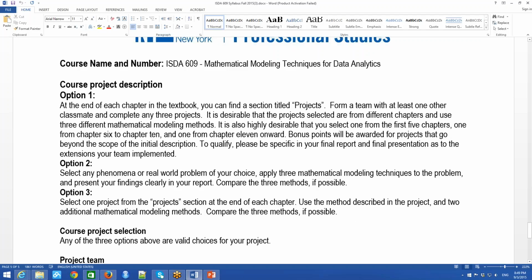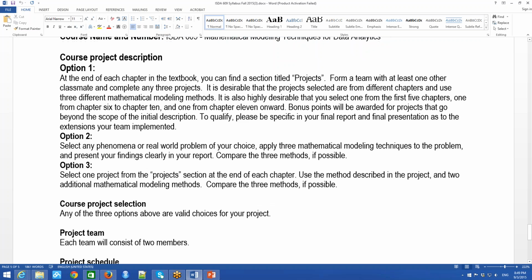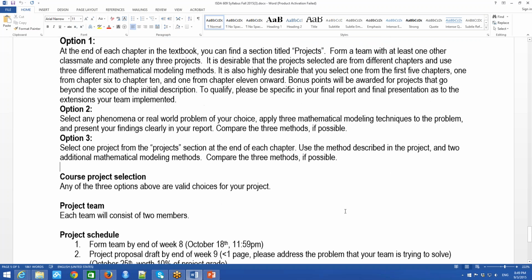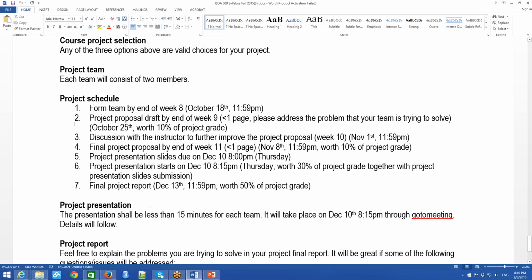Okay, and any one of the 3 options would be valid. Each team consists of 2 members. Of course, if you need 3 or 4, that can be accommodated as well, so don't worry about this requirement.